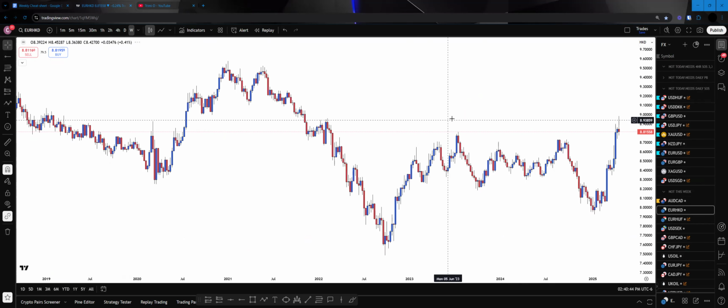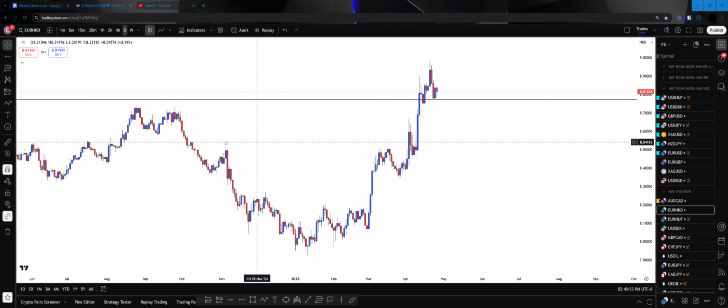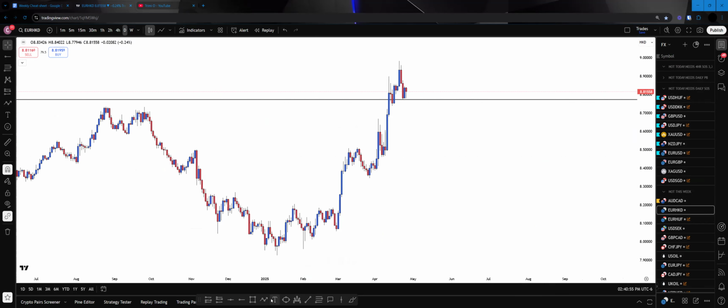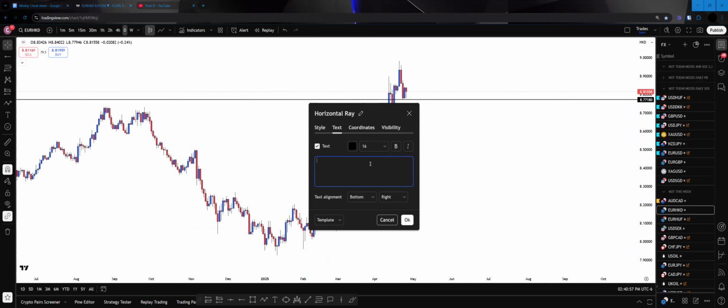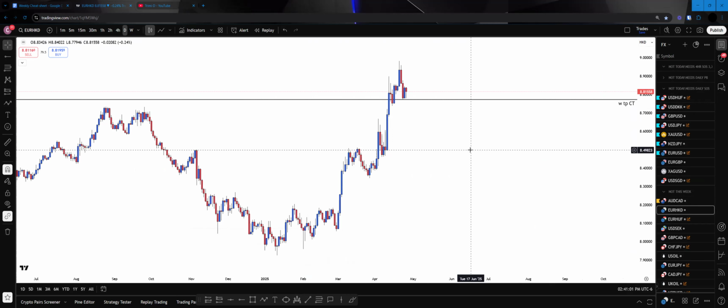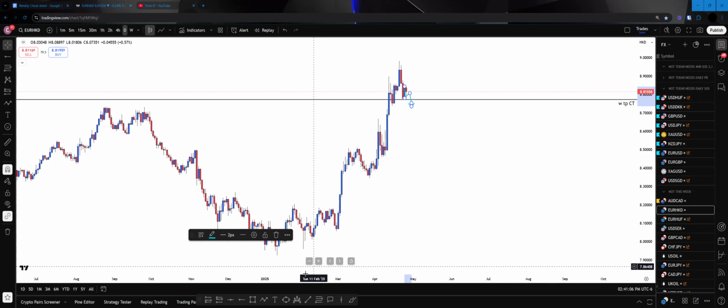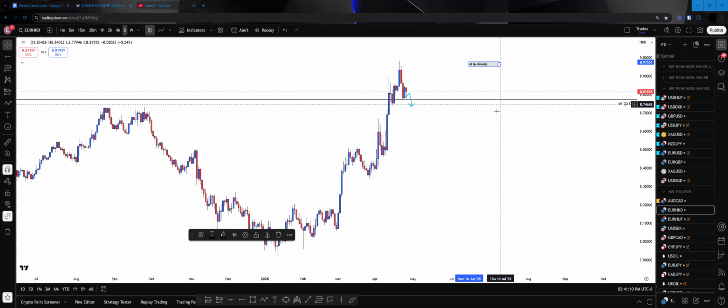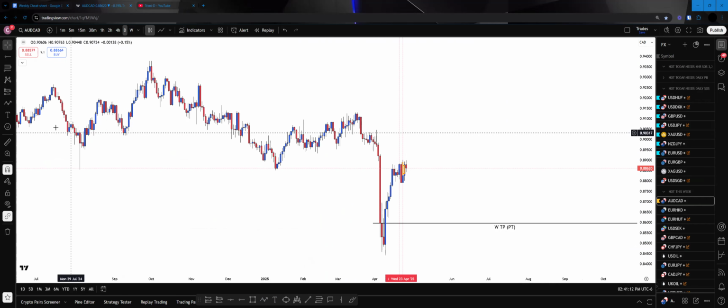Euro HKD, higher high, indecision. Counter trends would have to come to here, and we would be too close basically. Okay, AUD CAD, deep pullback.